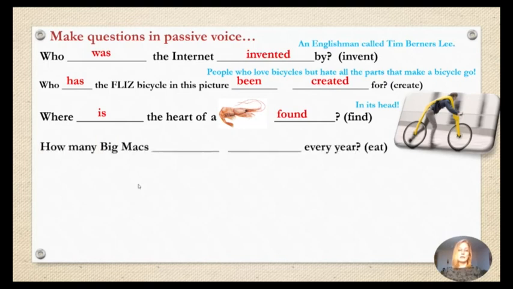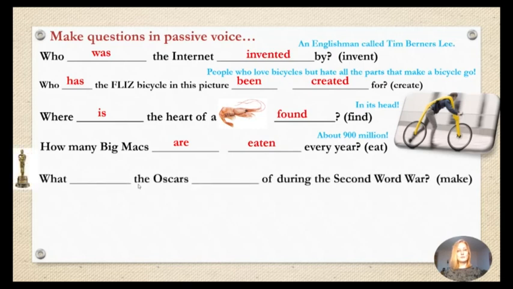How many Big Macs every year? Every year suggests that it is a present tense. Are eaten every year. How many Big Macs are eaten every year? About 900 million Big Macs.